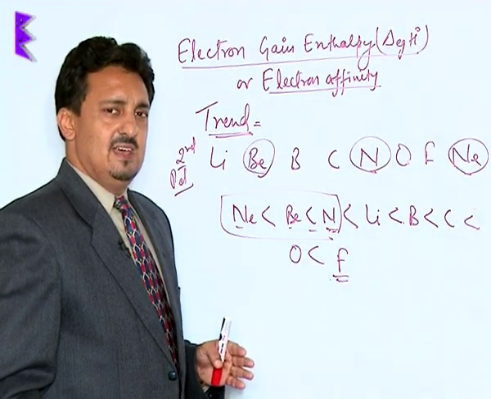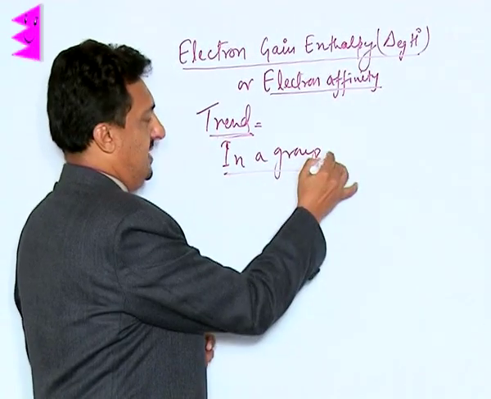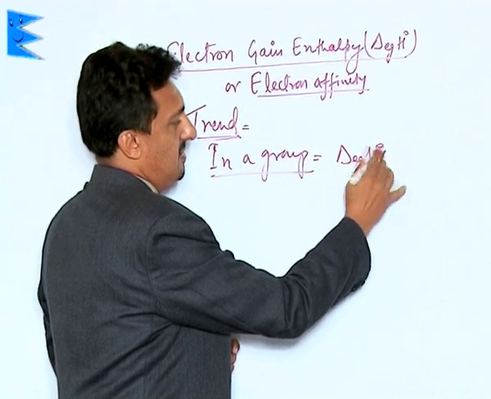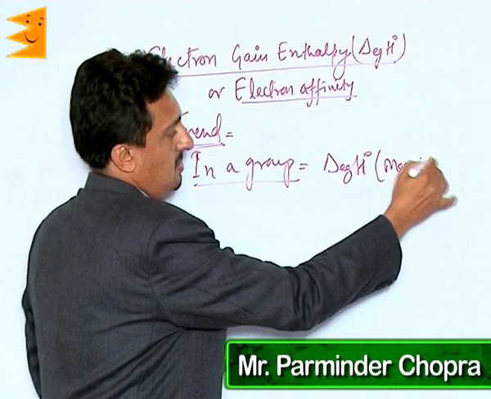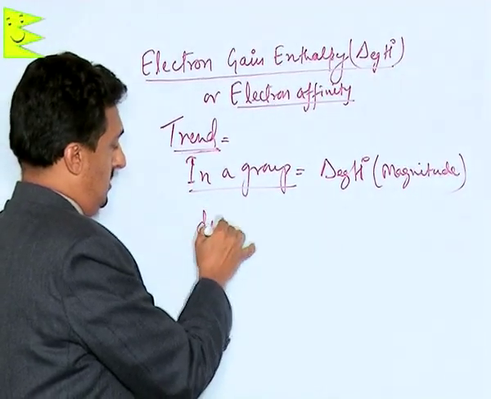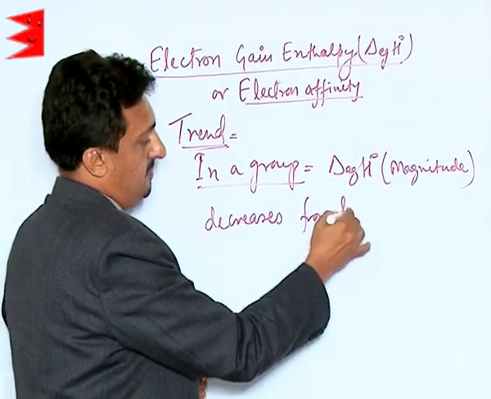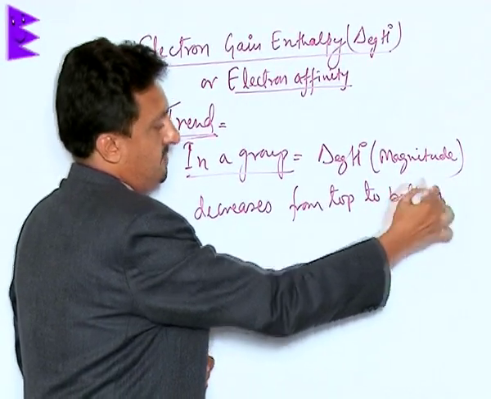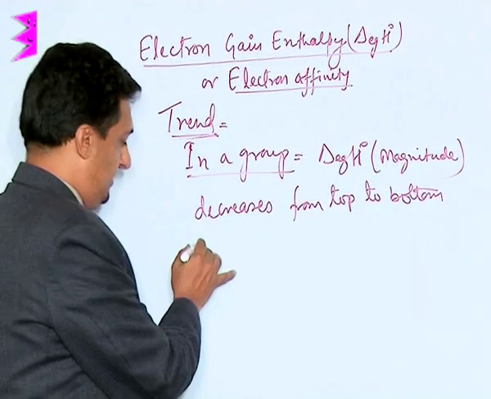Now let us see this in the case of a group. In a group, the electron gain enthalpy, again I'm talking about the magnitude, decreases from top to bottom. Why does it decrease?